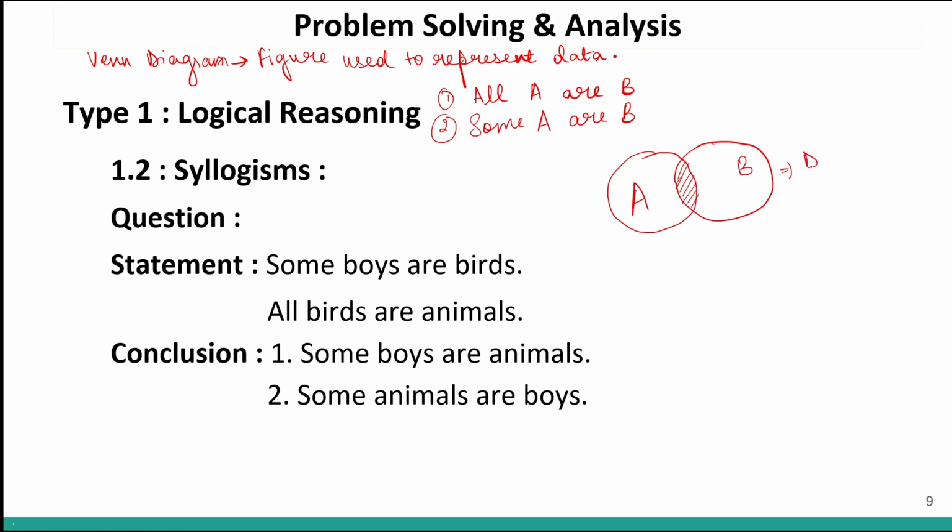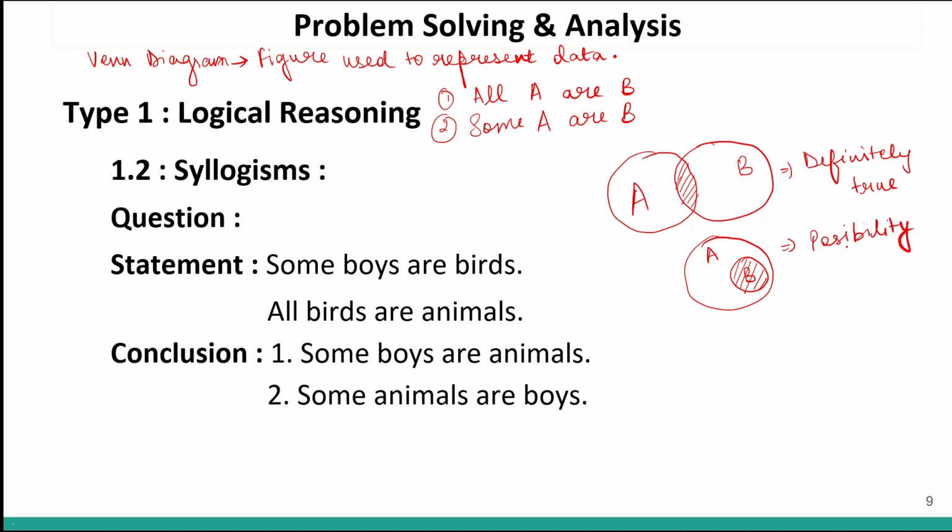This is definitely true. I can also write it like this. Let's say this is my A and this is my B. Some part of A is B. I can also write it like this, but this is a possibility.